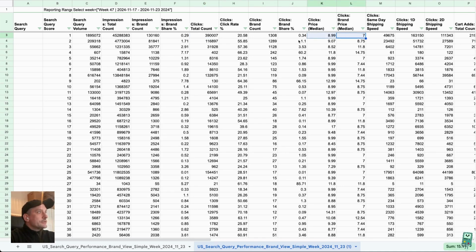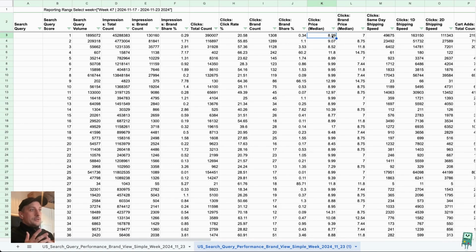So for this specific search term, my product has a lower median price, or maybe it's even multiple products, right? Because it's brand level. It's aggregating all your products and all the product clicks for that search query. The median price was $7. The median click price on the total market was $9.